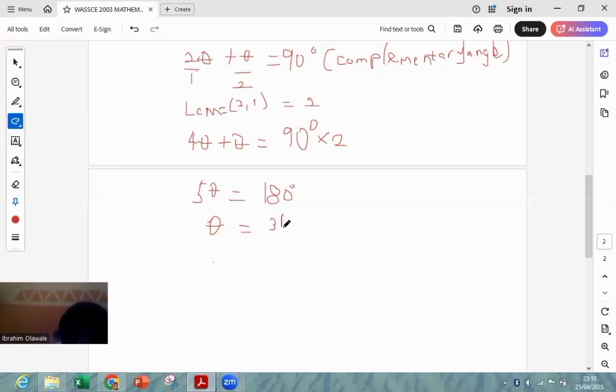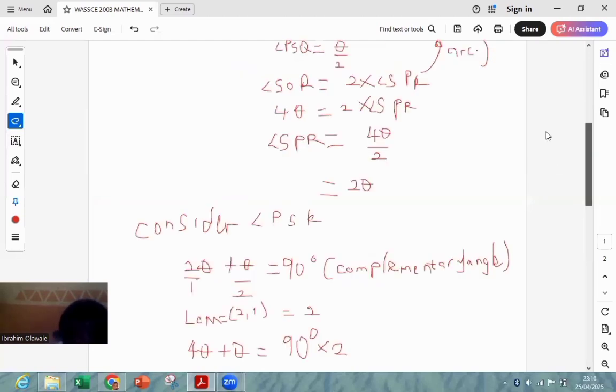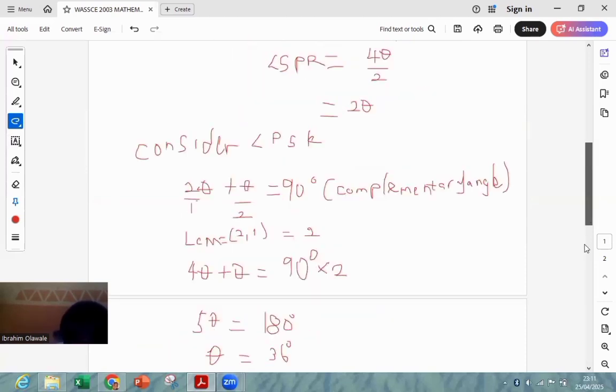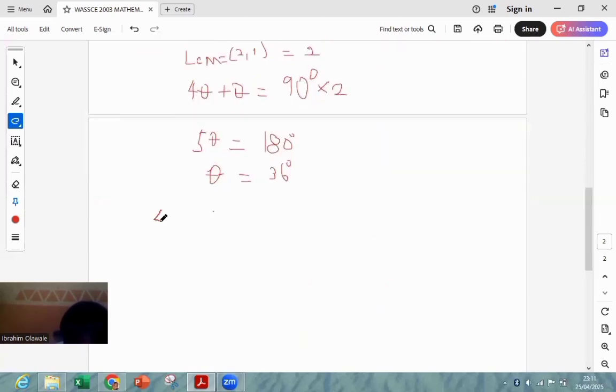So the angle that is subtended at the center by PQ is 36 degrees. So definitely angle SOR will be equal to 4 times 36 degrees.